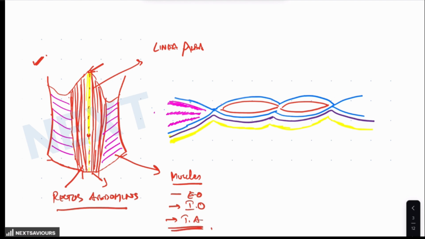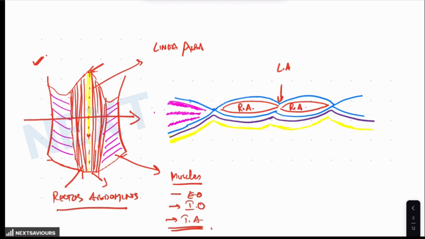Now, to give you a clearer perspective, I have made a cross-sectional view of the abdominal wall musculature, which will help you in understanding the anatomical relationship of these muscles and aponeuroses amongst themselves. In the midline, we have linea alba. On both sides of the linea alba, we have rectus abdominis muscles.